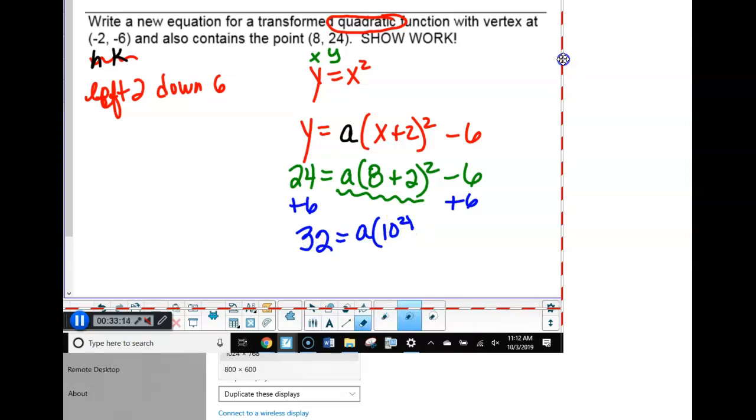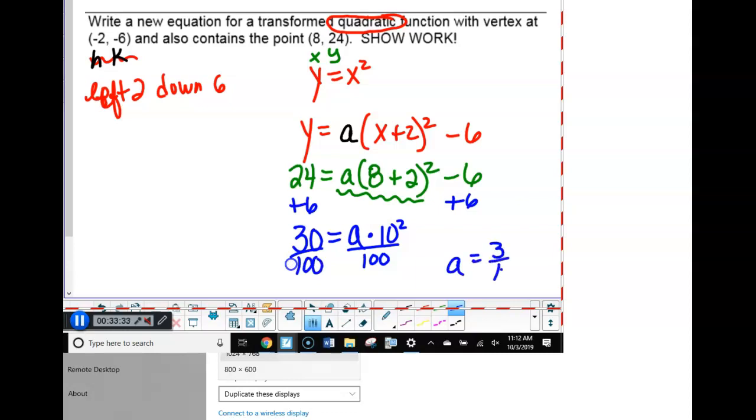Yep, thank you. So that would be 100 that we need to divide over here. So the stretch would be 3/10, and we would have to write it back in here.